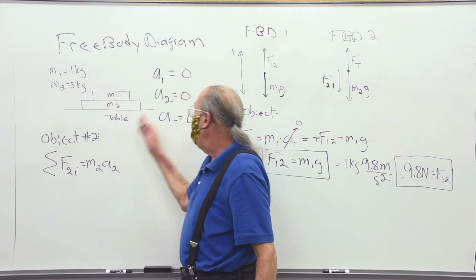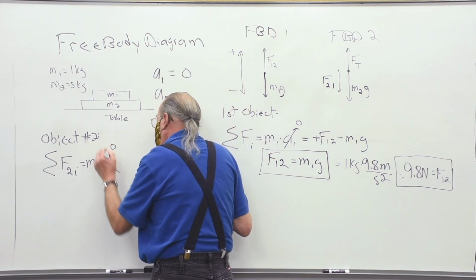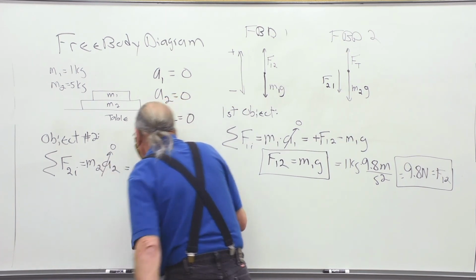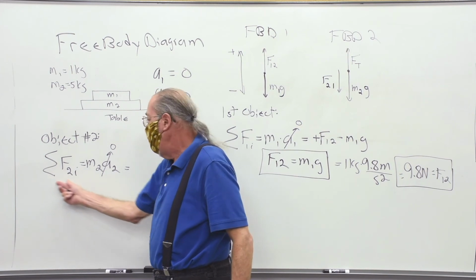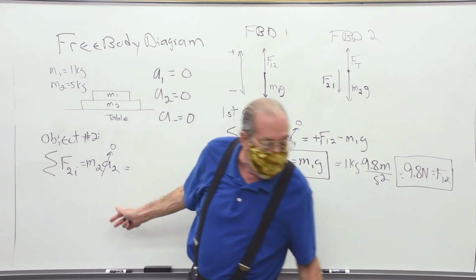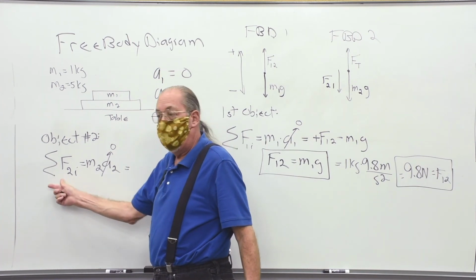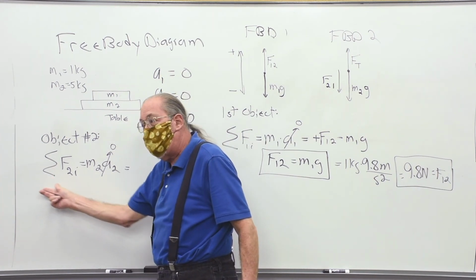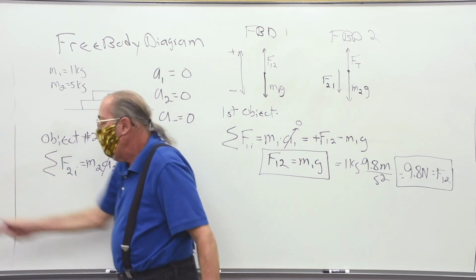But what's A2? 0. Okay? Equals. This means list all the components of the forces that are acting on object 2. List all the forces now over here. You can list them over here if you want.